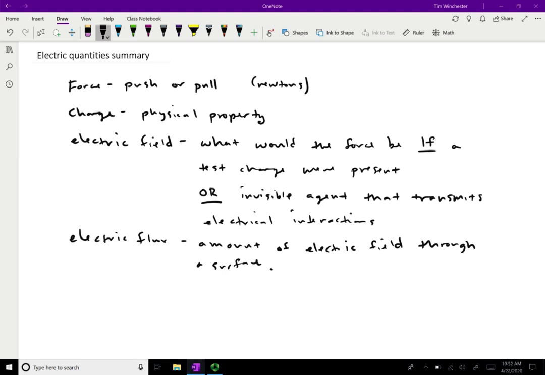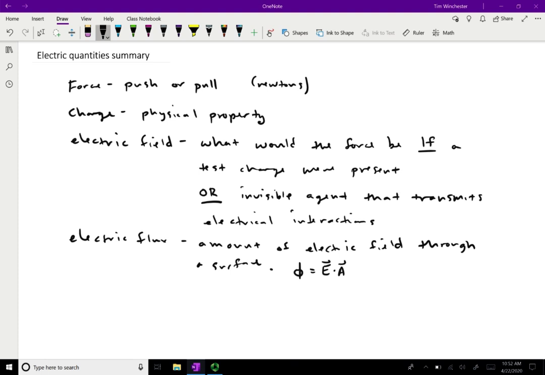Mathematically, the formula for this is that the flux is E dot A, or we can integrate if we want to. So these are four different quantities, and they're all different. If any of these sound like the same thing to you, you want to definitely make sure that you figure out how they're different, and you can explain at least to yourself what the interactions are between them.